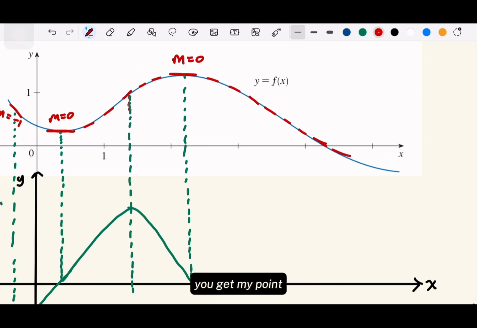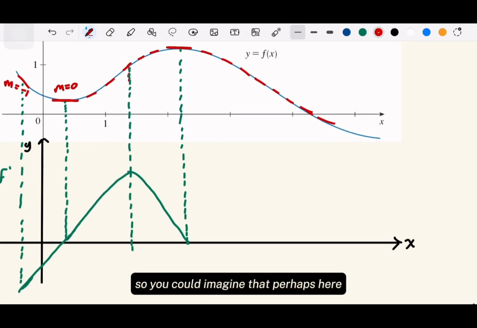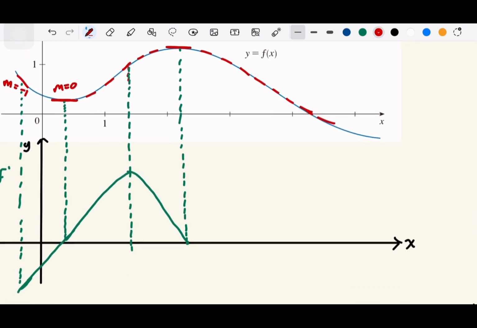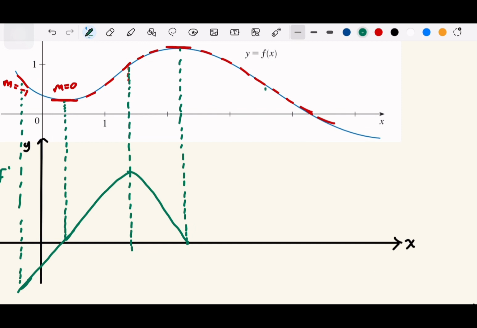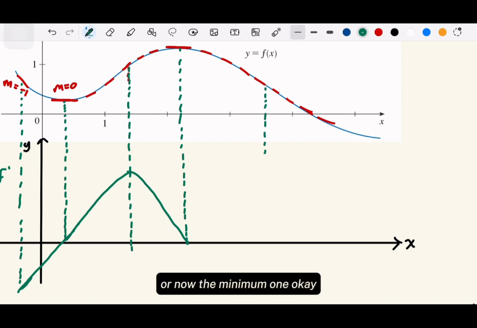Do you get my point? You see it's getting steep and then it's getting a little bit less negative, but still negative. So you could imagine that perhaps at this point here is maybe another inflection point, or now the minimum one. Okay, the minimum one.